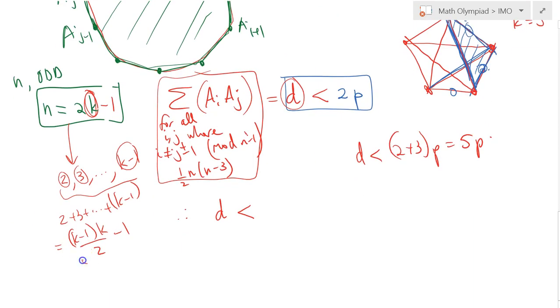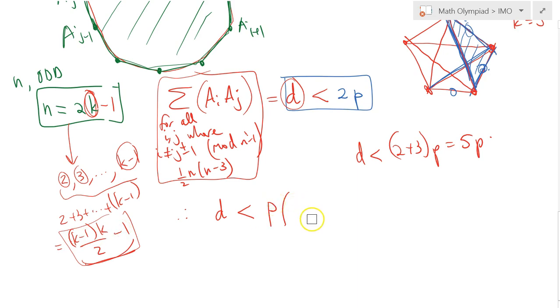So we decided that each side is added this many times. First of all, if you added every single one of them one time, each edge one time, we should have gotten the perimeter. But because we are adding each of them so many times, we just need to multiply it with this figure, which simplifies as k squared minus k minus 2 over 2, right?